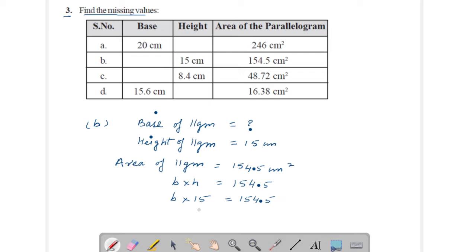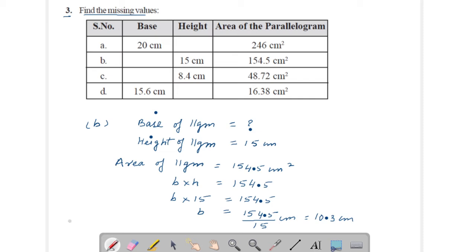Our base is equal to 154.5 upon 15 centimeter. And if you solve it, you will get 10.3 centimeter.